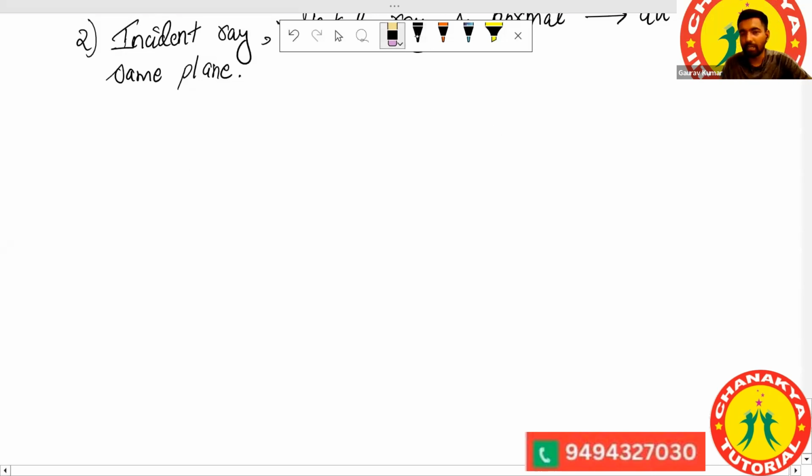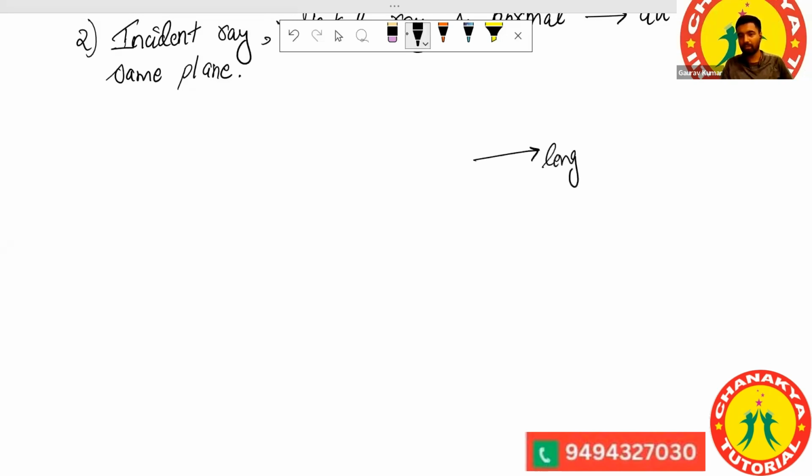What we are living in right now is a 3D space. How can we say 3D? 3D means it has a length, it has a breadth, and it has a height.